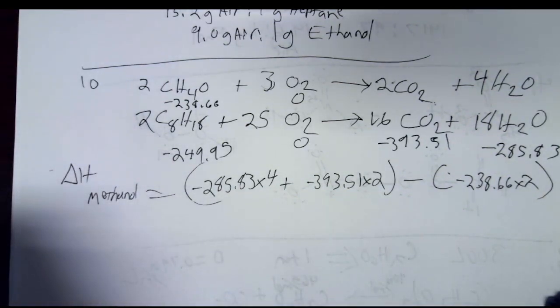So negative 285.83 times 4, and then negative 393.51 times 2, 238.